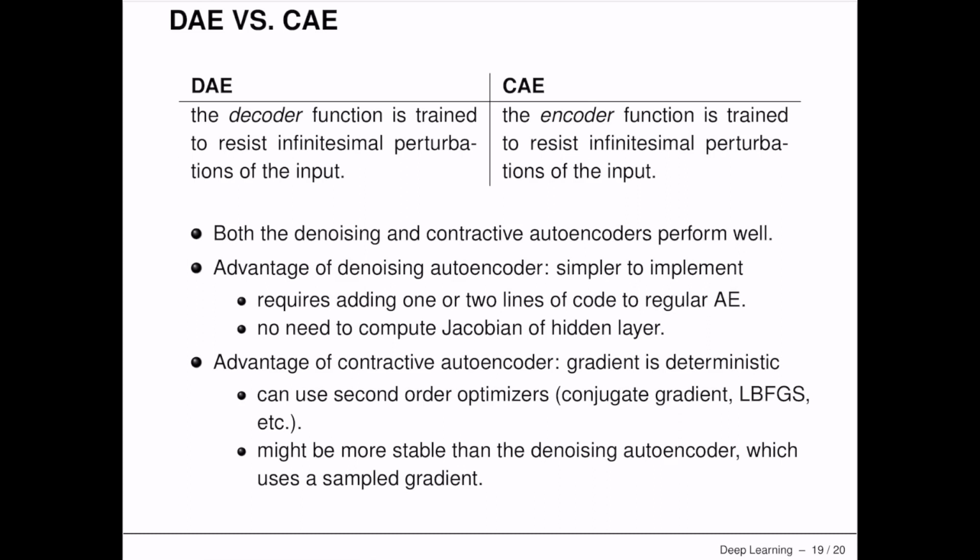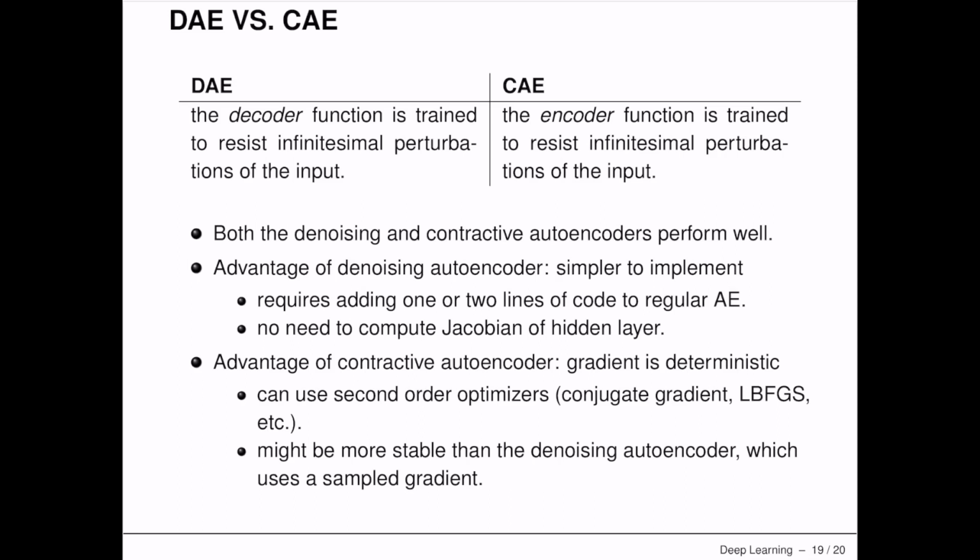But in the denoising autoencoder, the decoder function is trained so that it resists infinitesimal perturbations of the input, because no matter how much noise we put on our input, the decoding should be robust.